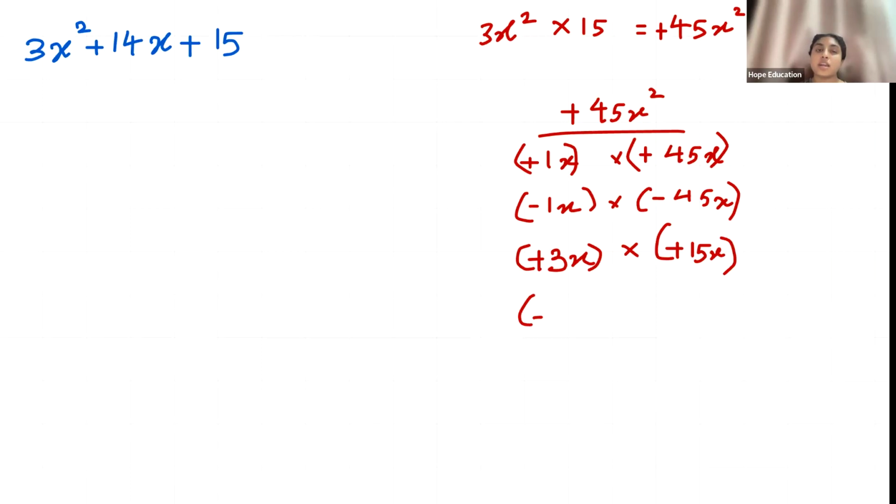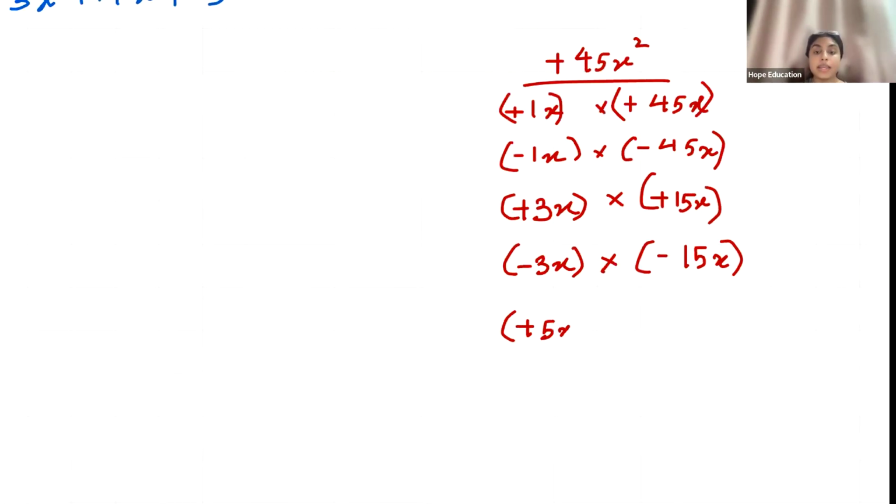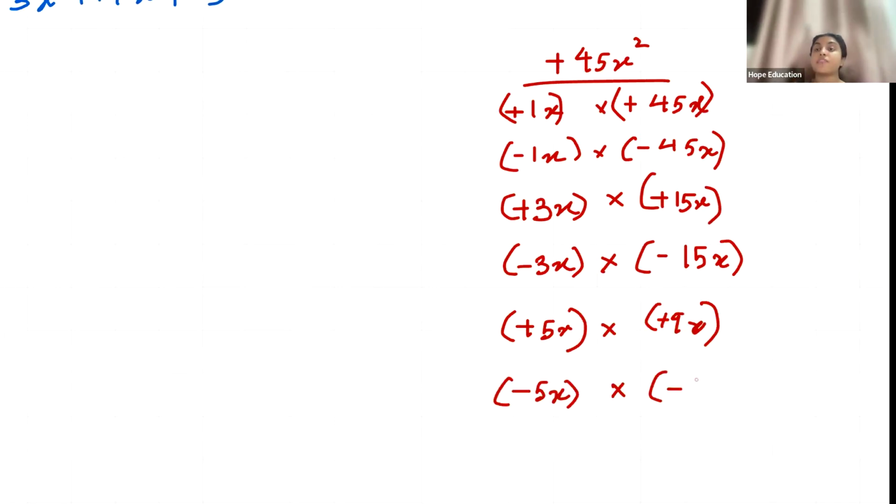Plus 5x multiplied by plus 9x, or minus 5x multiplied by minus 9x. So these are all the different ways how we can produce plus 45x squared when multiplied.